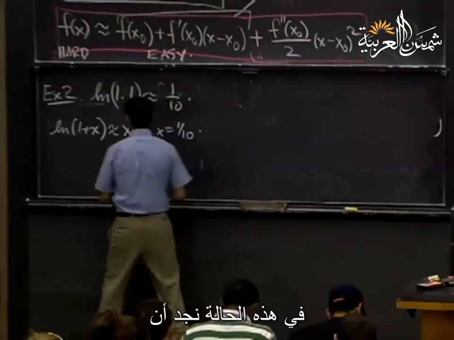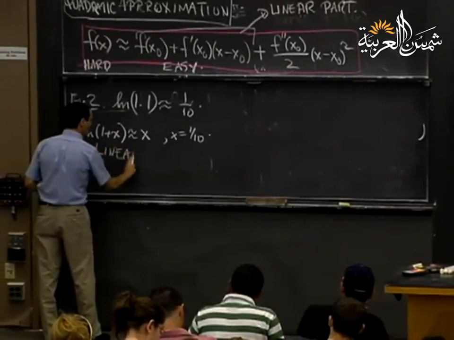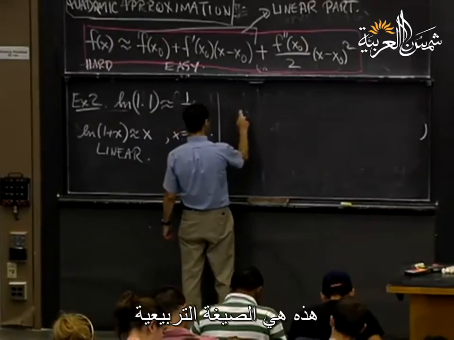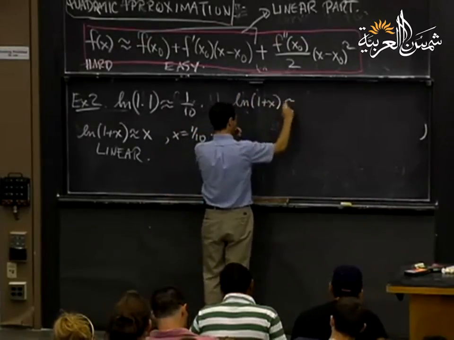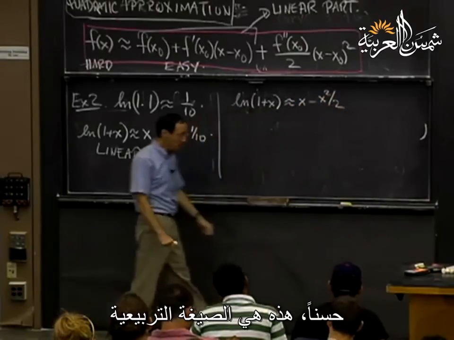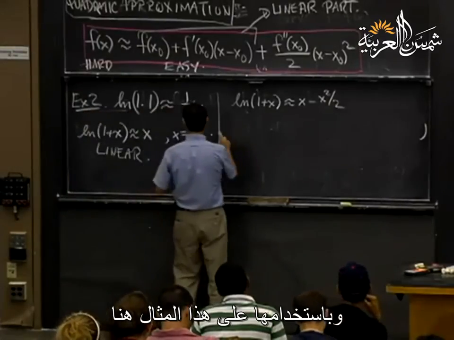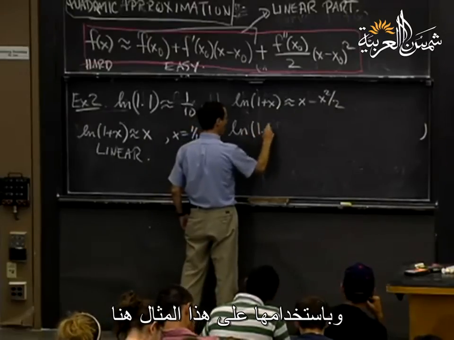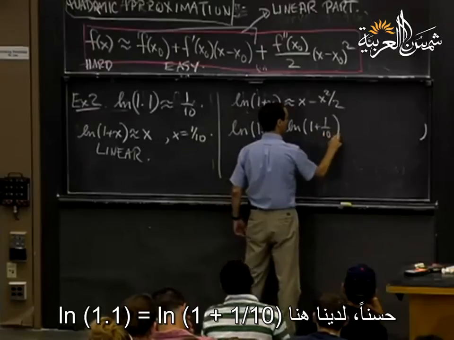what turns out to be the case, so this is the linear version, and now I'm going to compare it to the quadratic version. So the quadratic version turns out to be this. That's what turns out to be the quadratic approximation. And when I use this example here, so this is 1.1, which is the same as log of 1 plus a tenth, right?